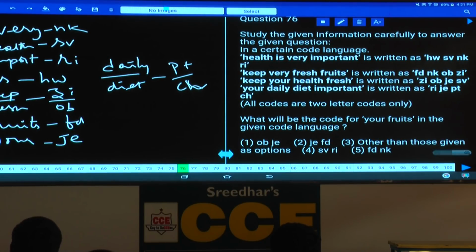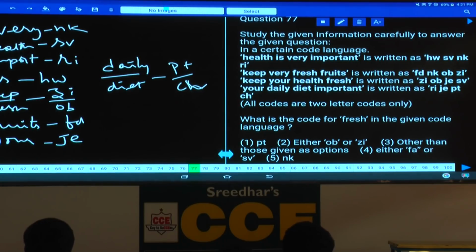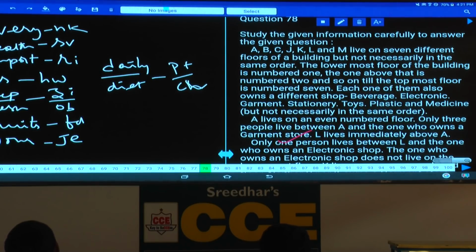Now question number 76: what will be the code for "your fruits"? FD and JE, that is given in choice 2. And question number 77: what is the code for "fresh"? The code for "fresh" could be either ZI or OB. Choice 2 is the answer.